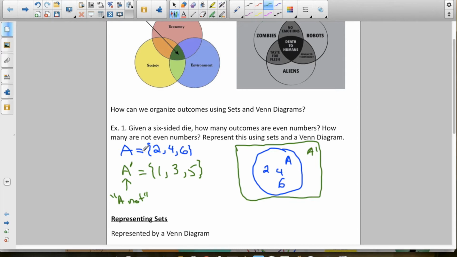So A plus A naught represents all of the total outcomes in this case. So how many are not even numbers and how many even numbers? Well, they're both equal to 3. So the set of A is 3 numbers, and the set of A naught is also 3 numbers. Together, we get all of the outcomes here.